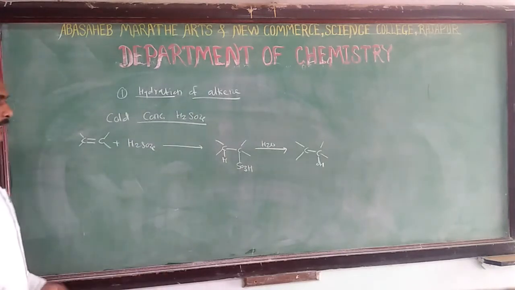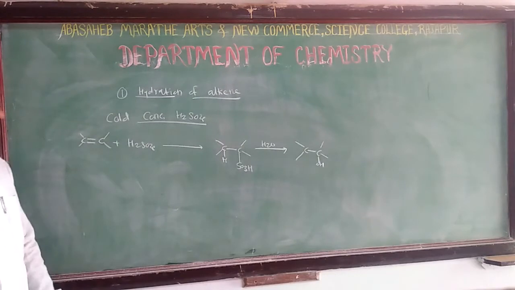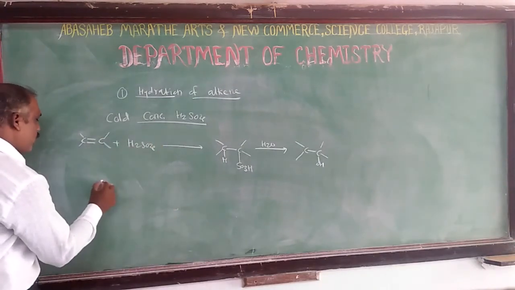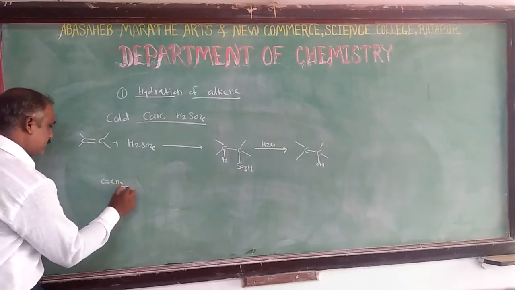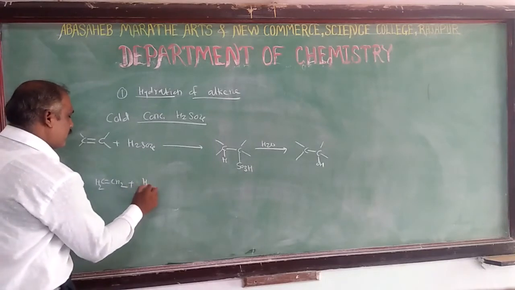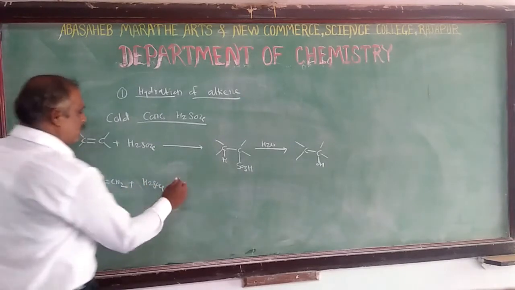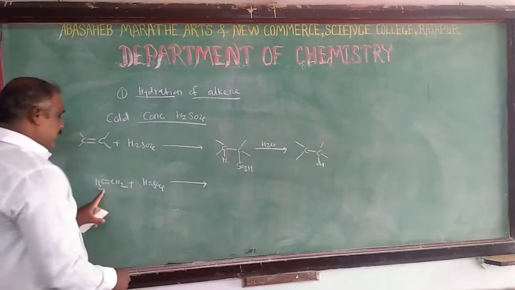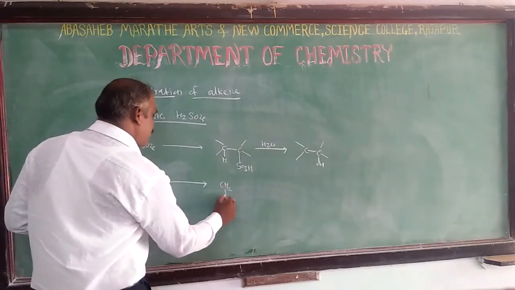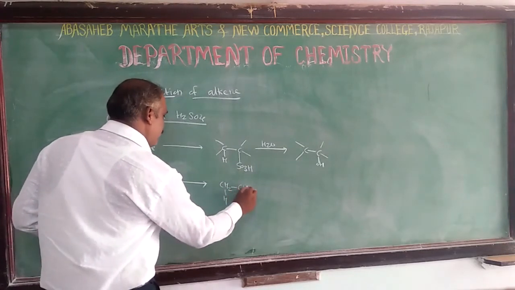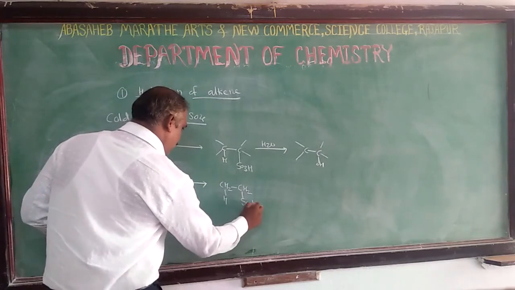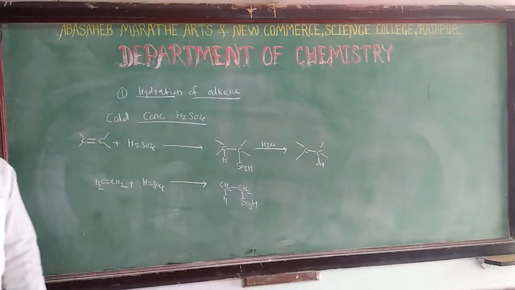Now we take the example of other alkenes in presence of cold concentrated H2SO4, like ethene plus H2SO4. Then what is the product? Product is CH3CH2SO3H, right?